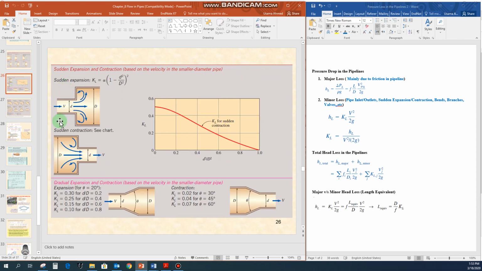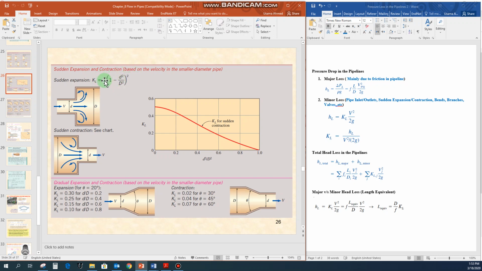Now there could be a situation in which one pipeline is connected with a bigger pipeline, and there is a sudden expansion going on. In this kind of situation, we can use this equation for the sudden expansion: KL equals alpha multiplied by (1 minus small d squared over capital D squared) all squared. The small d is the diameter of the pipeline, and the capital D is the diameter of the bigger pipeline. So you have to calculate this ratio and put in the values.